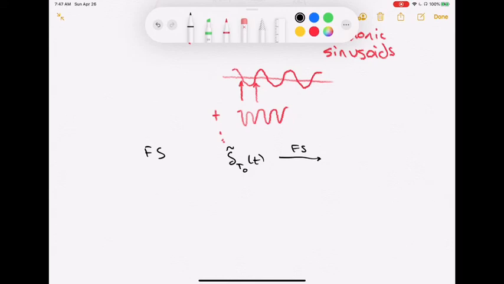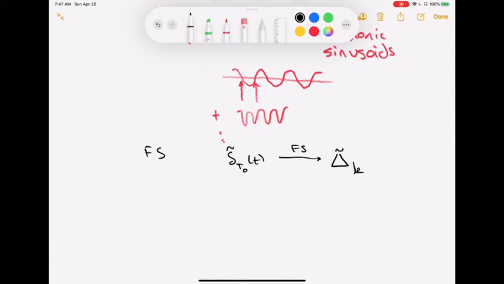Notation in this book, much like all other books that I've seen on introductory signals, takes the time domain waveforms as being lowercase, and it takes the transform domain as being uppercase, whether the transform is a Laplace or a Z or Fourier. So I'm going to take the uppercase of delta, so I'm going to call this cap delta tilde, and it is a function of k. I'm just going to put that function down in the denominator. We could have put it like a bracket k, something like that. That just gets a little awkward. So I'm going to go ahead and just put it as this.